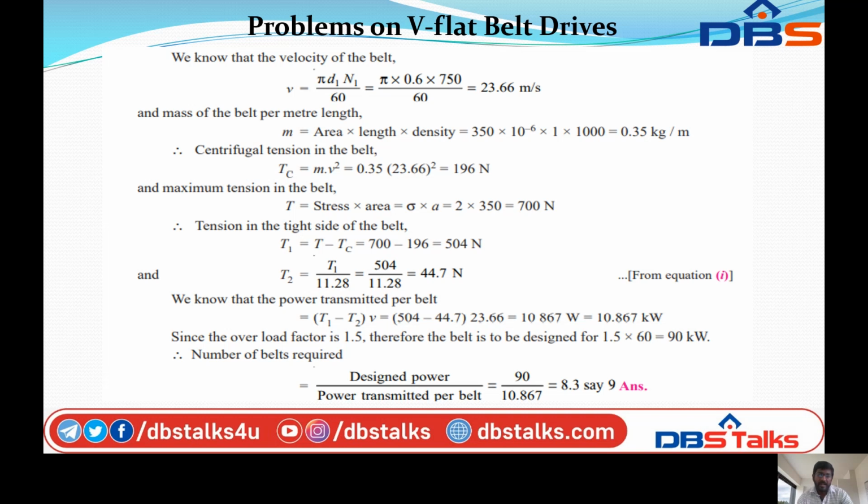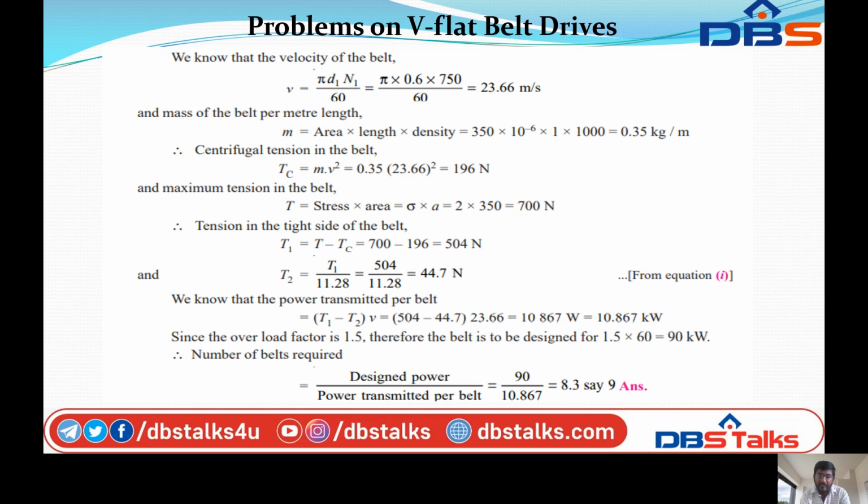Finally, the centrifugal tension of the belt Tc is equal to m v square, that is m 0.35 into v 23.66 squared. Calculating the value, Tc is equal to 196 newtons. The maximum tension in the belt T is equal to stress into area, that is T is equal to sigma into A. Sigma is equal to 2 into area 350, that is equal to 700 newton.